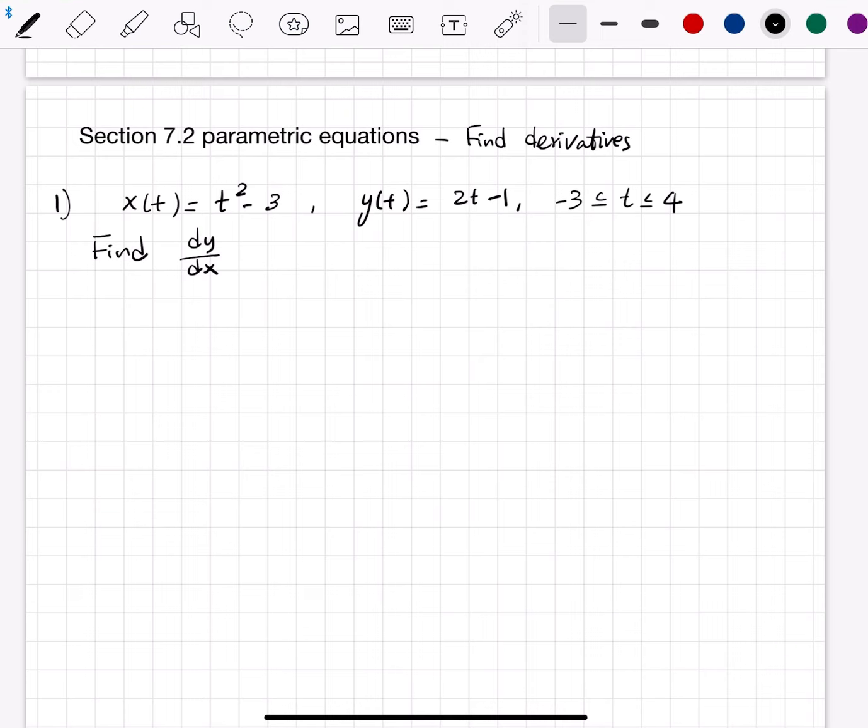You can see that in parametric equations, both variables x and y are functions of the parameter t. You can also think about it as time. Then in order for us to find dy over dx, the derivative, we need to apply the formula, or the chain rule.